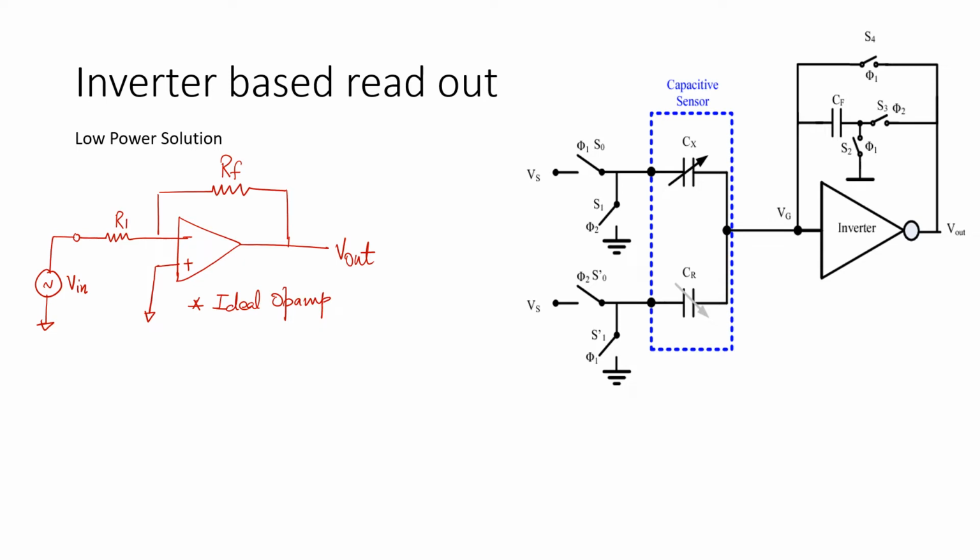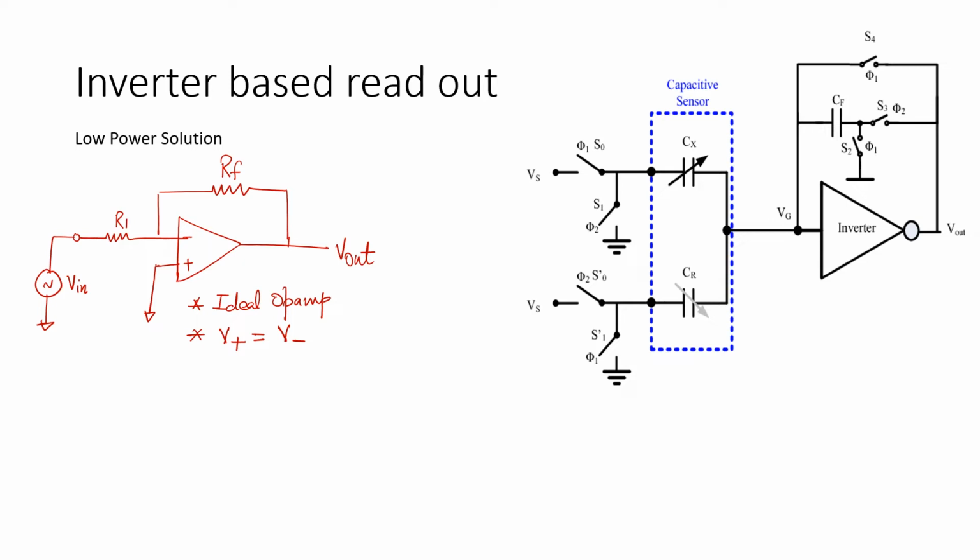the gain is infinite, and since the gain is infinite, the voltages at these two nodes, that is the input of both the amplifiers, will be same. So that is V plus is equal to V minus.